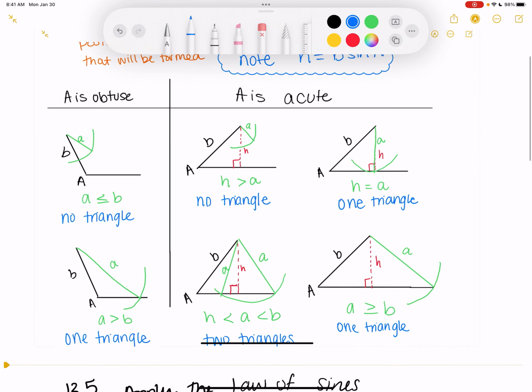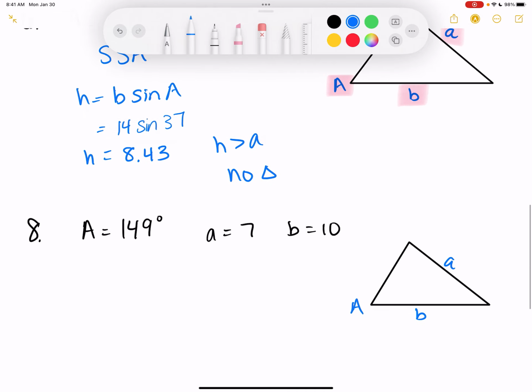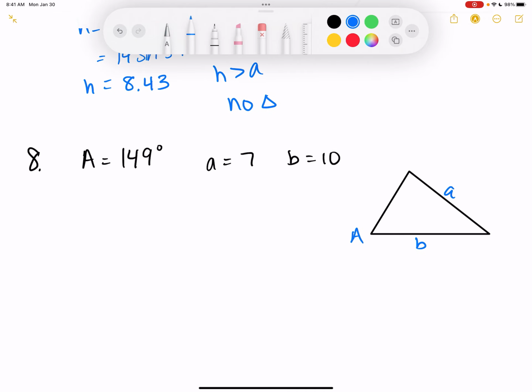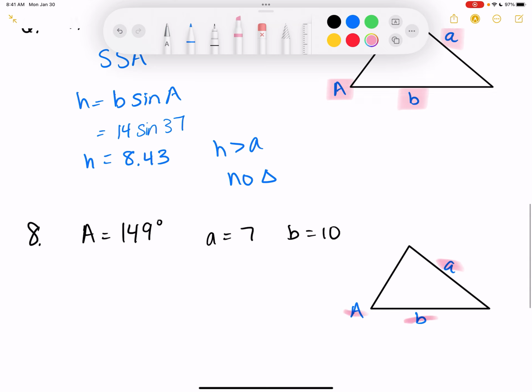Now, when we get into solving them, I may adjust it a little bit because side B needs to be over here. But for the purpose of these, I'm just going to do it like this because it really doesn't matter. As long as you have everything on there, it's just a matter of whether it goes side angle this way or that way. So it doesn't really make a difference. This one's another side angle.